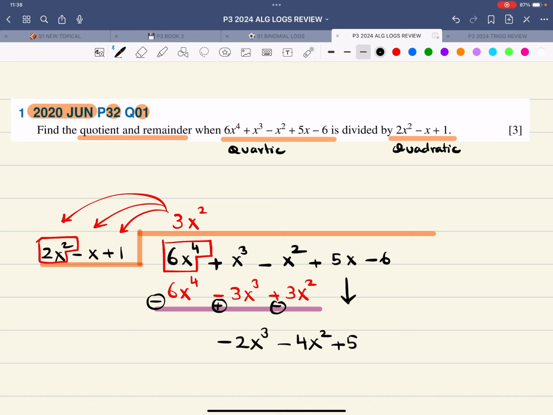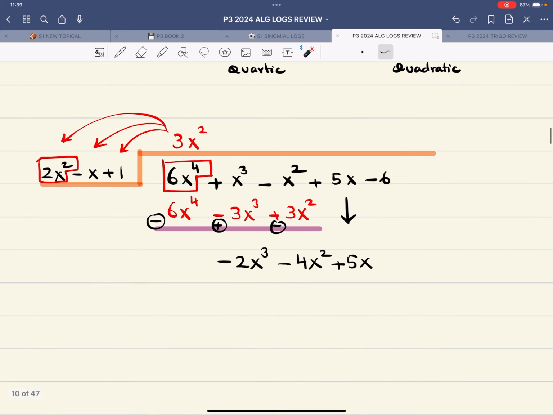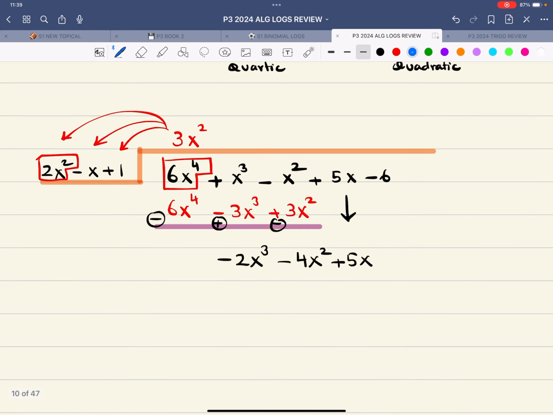Now the question is, why just one term down? Because there are 3 terms over here, so at a time I can manage 3. Repeat the same process as before. So negative 2x cube over 2x square, that is negative 2x. Multiply with each one of them.